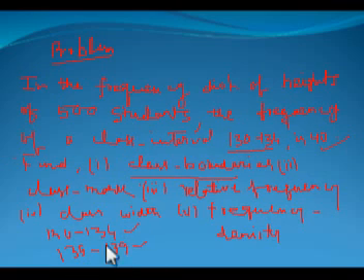So how will we find out the class boundaries? Here we have to note that class boundaries are calculated in such a way that the upper boundary of any class must coincide with the lower boundary of the next class. So the upper boundary here must be 134.5.